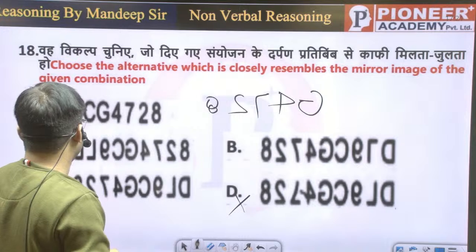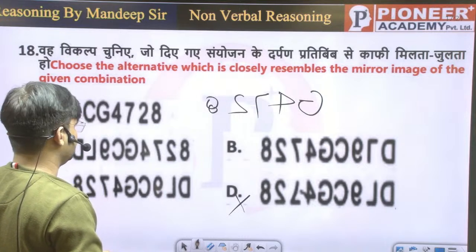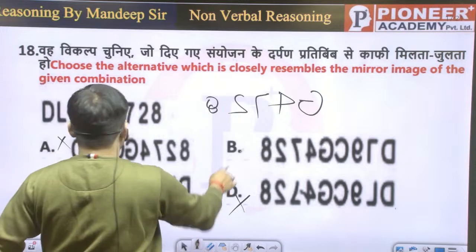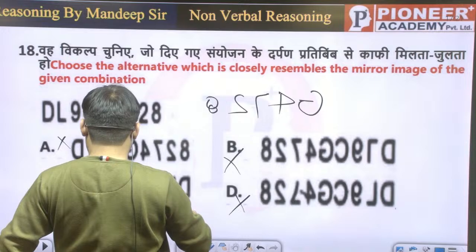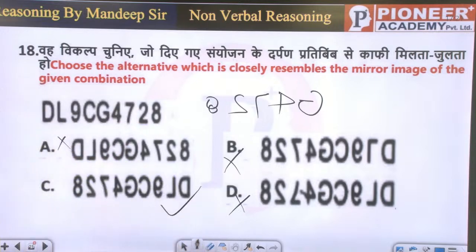G, and then C, then B option. D option is our correct answer. Sorry, C option. Sorry.